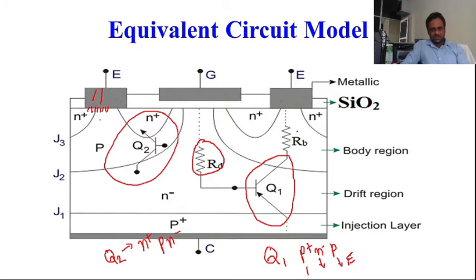This body layer resistance is represented as RB, resistance of the body, and this is your N channel MOSFET, where two N plus layers are diffused, and P is your body.